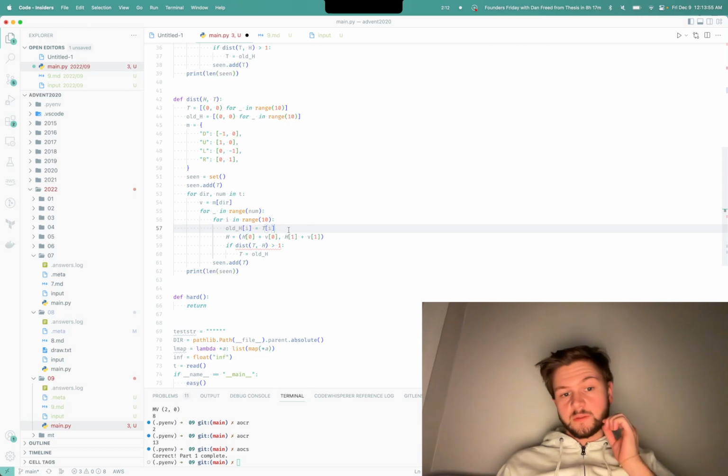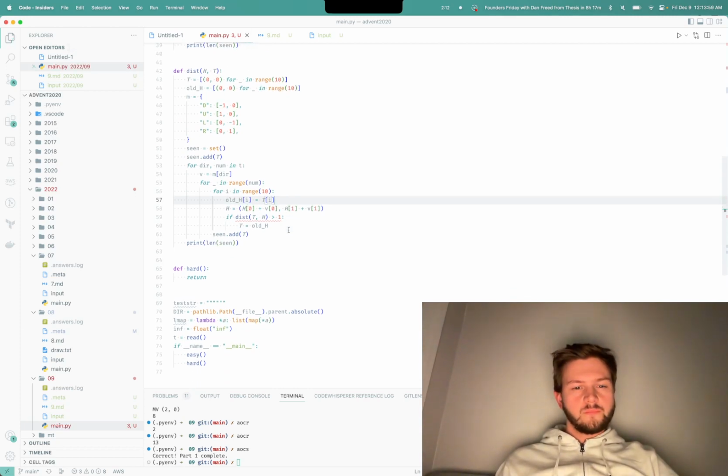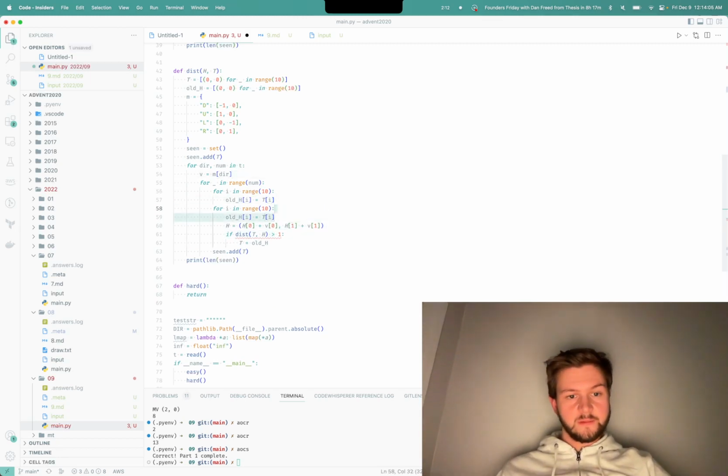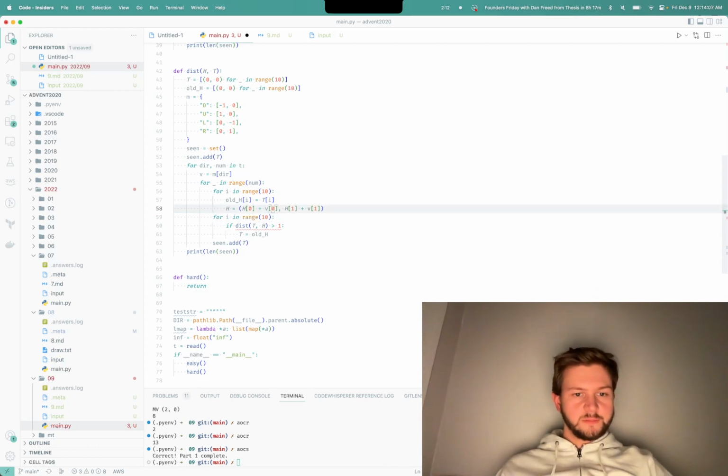The old is equal to the T. And now again, we go through and we move. So the head is now T0.